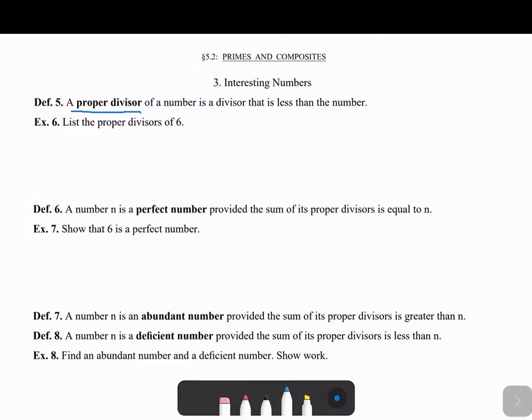For example, with the number 6, the factors of 6, or equivalently, the divisors of 6 are 1, 2, 3, and 6. If we wanted to list out the proper divisors of 6, that is just 1, 2, and 3. So 6 is not a proper divisor of itself.